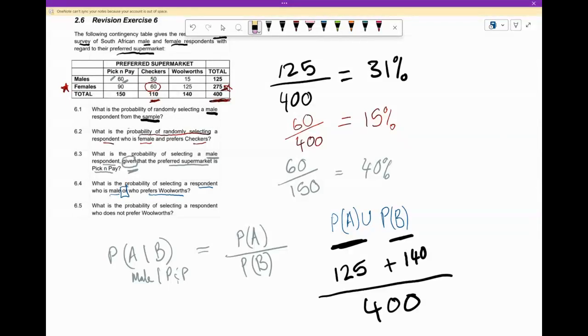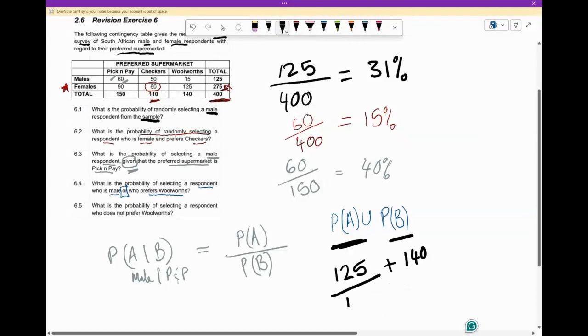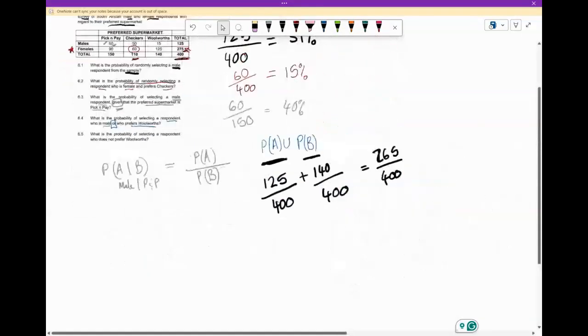Or you can also just say this probability divided by 400, plus that probability divided by 400. Which is the same thing, but I'm just showing you. This is 265. And you guys are saying it is 66%.